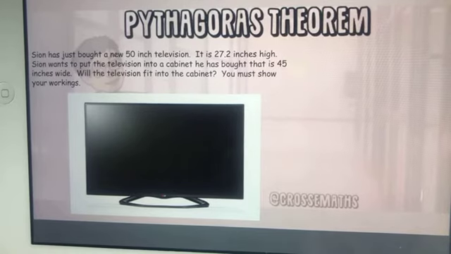Okay, so there's a little bit of thinking involved in this one. Have a go. I'm going to give you a minute and a half to see if you can get this done. I would draw a picture of the television because it'll help you. And then we'll go from there.